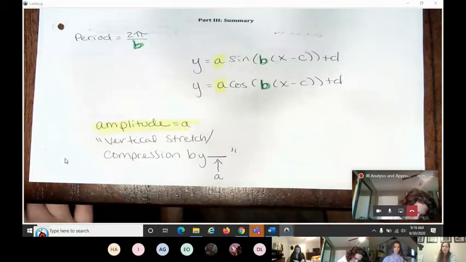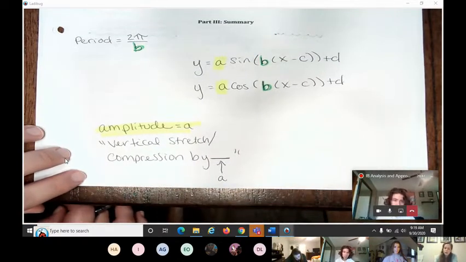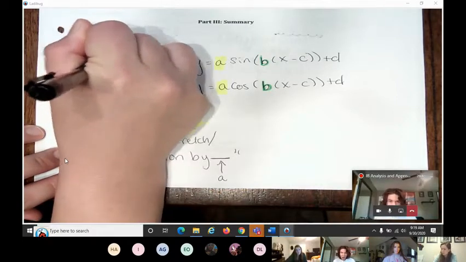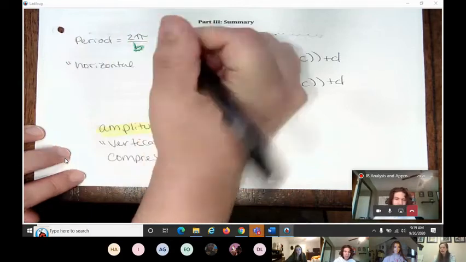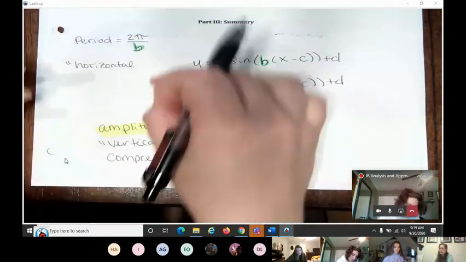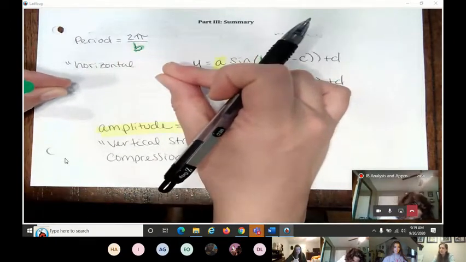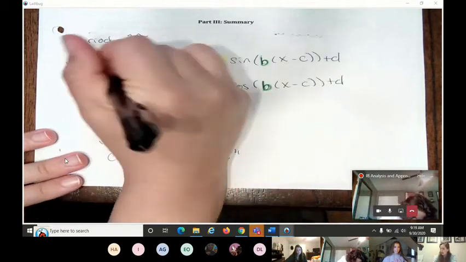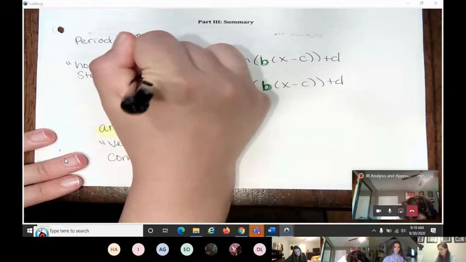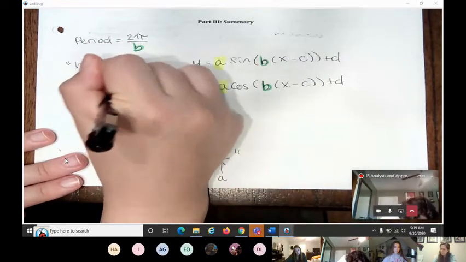All right, and this will also kind of do a horizontal. So this was vertical, it stretches it up and down. This one makes it like a tighter or looser spring, if that makes sense. So this is a horizontal stretch or compression by some value.